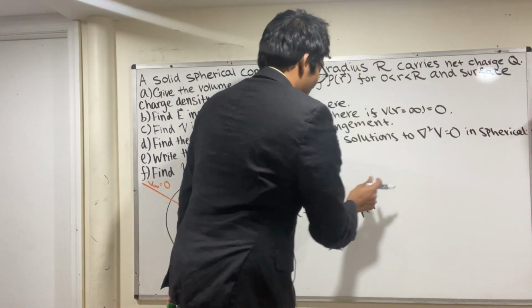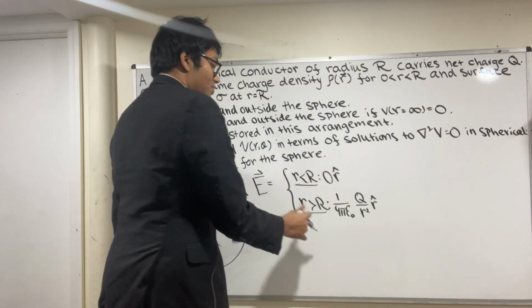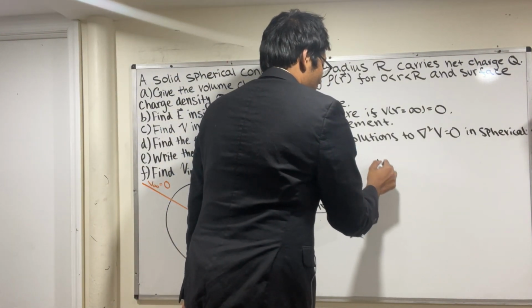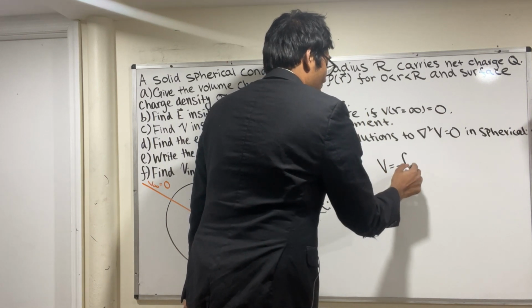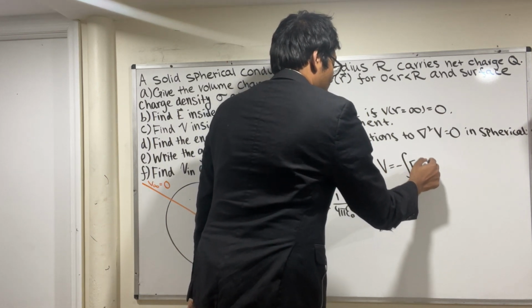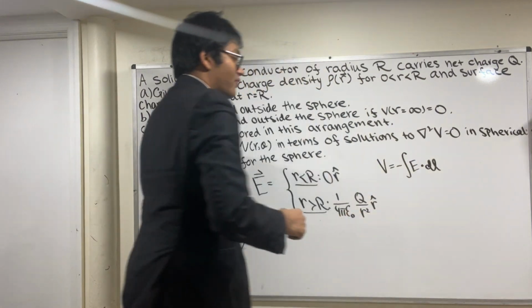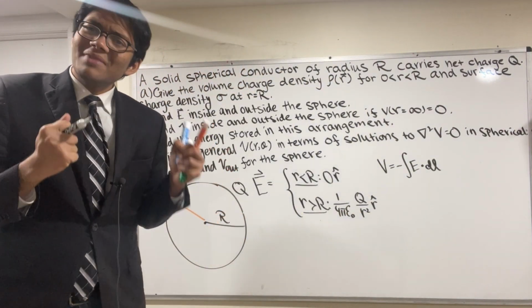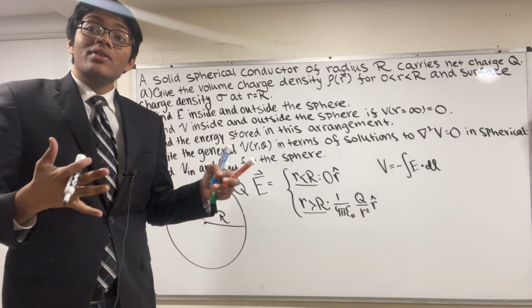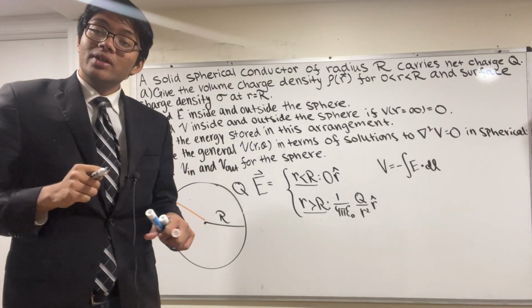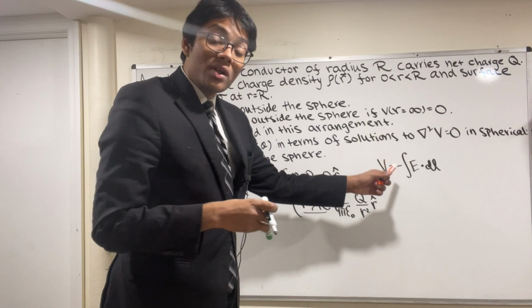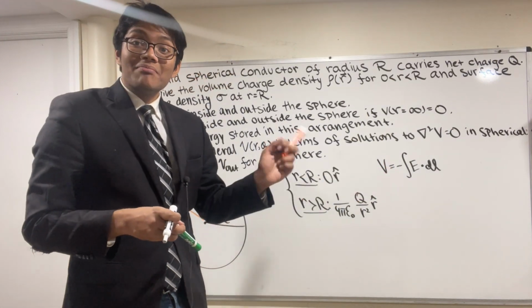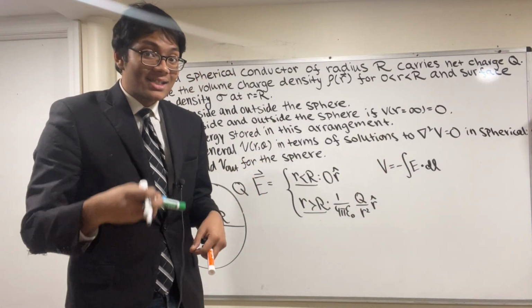Well, to get the electric potential from the electric field, we know that the electric potential is nothing more than minus the integral of the electric field. And if you're wondering just like me, where does that minus sign come from? It is nothing more than a consequence of integration. When you integrate 1 over r squared, you happen to get minus 1 over r.